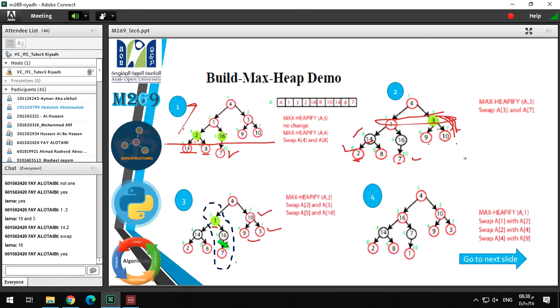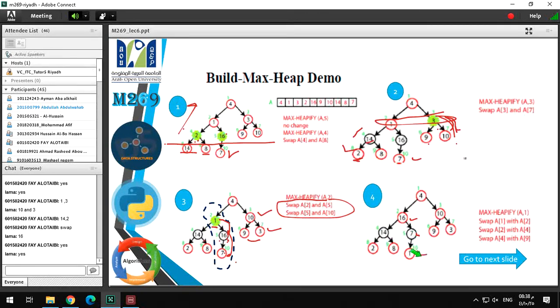Swap again, because 1 is again less than 7. So 2 swaps with this max-heapify. Because the 1 cannot fit here, it fits the last node. So 1 will replace 16, and then the 1 will replace 7. So the last node will be like this: 16, 7, 1.